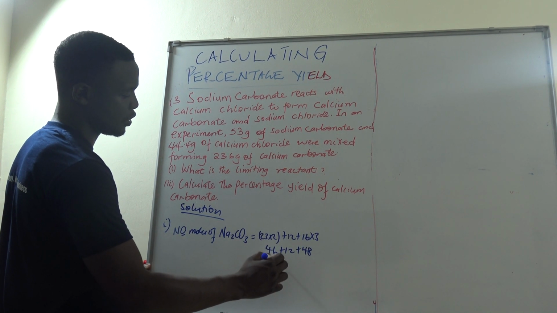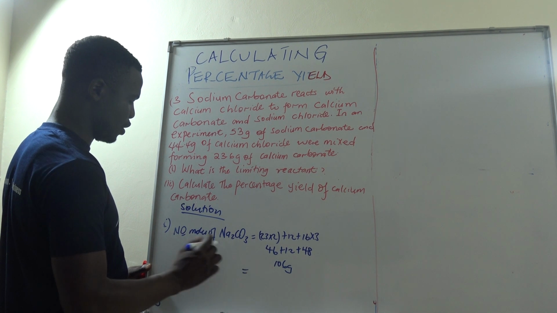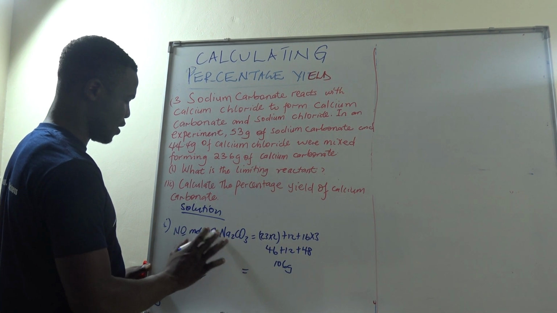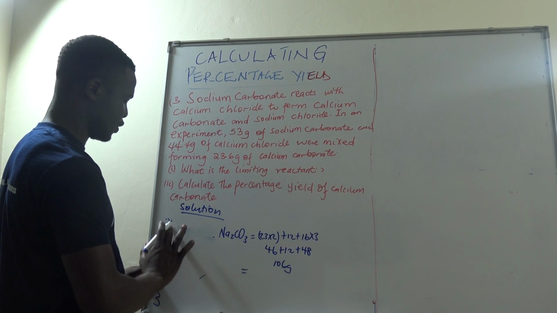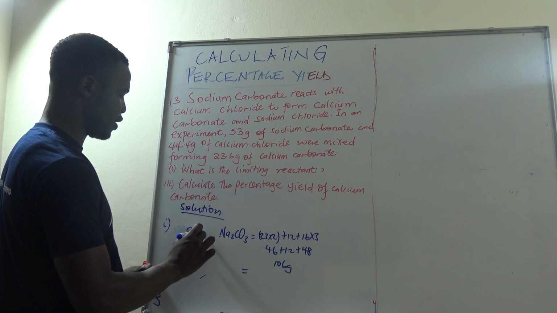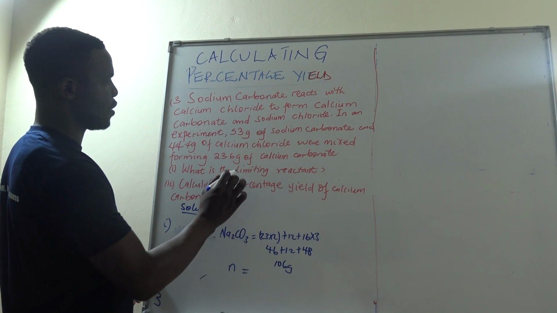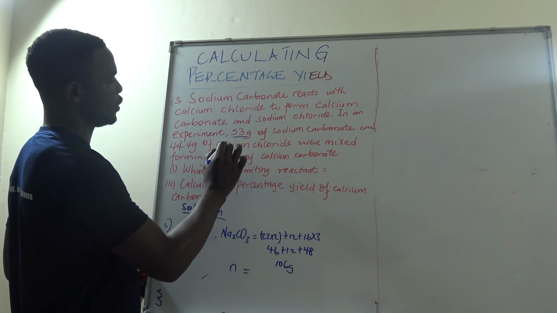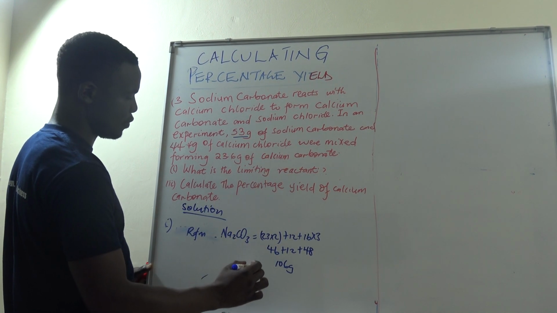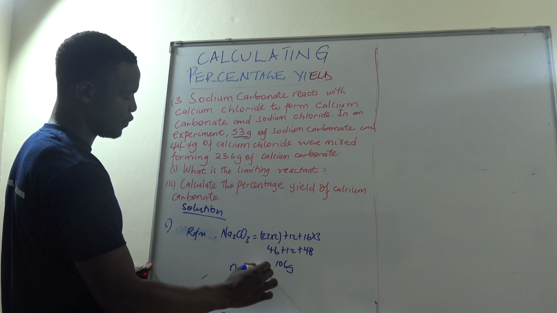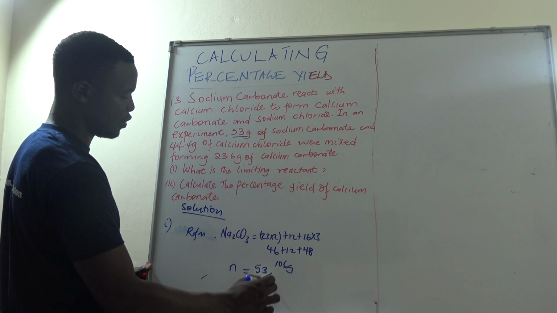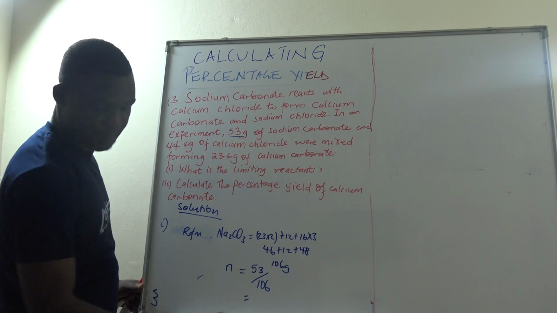This is the molar mass, not the number of moles, this is the relative formula mass. The number of moles, n, is equal to the mass divided by the RFM. They say 53 grams of sodium carbonate, so this will be 53 divided by 106.